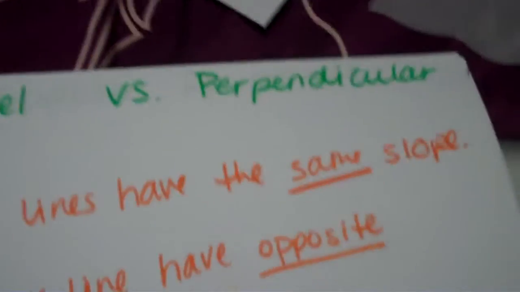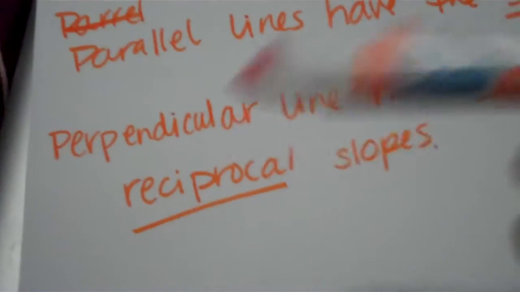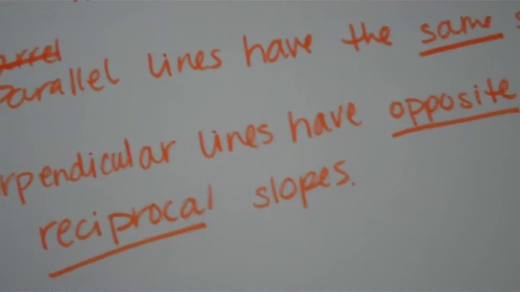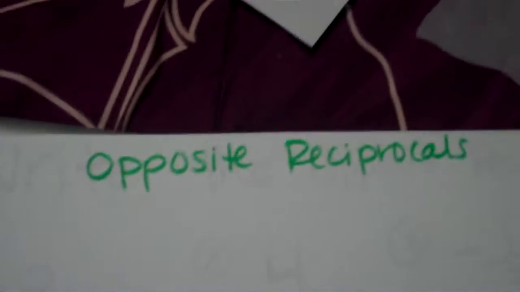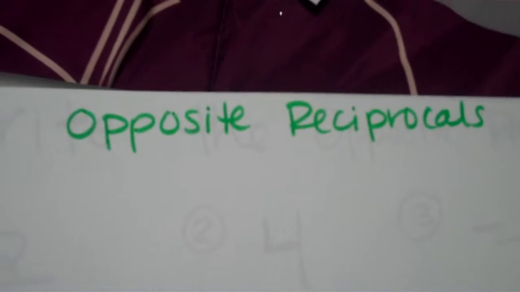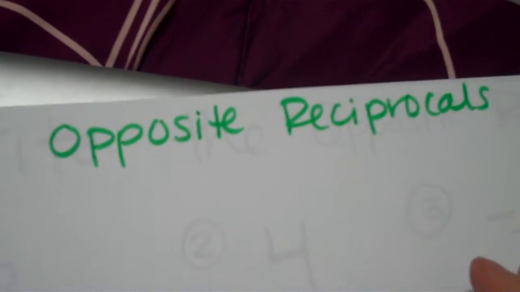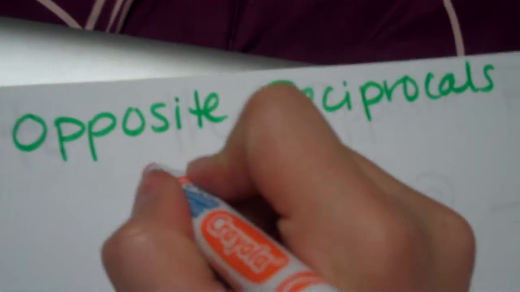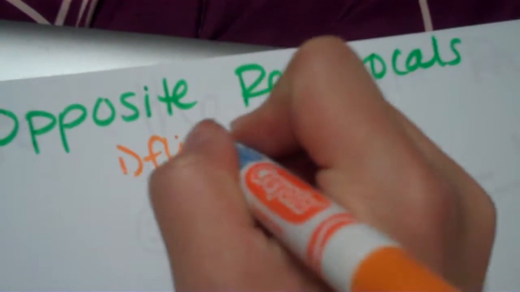So, parallel lines have the same slope. That's easy. Parallel lines are easier. Perpendicular lines, see, can't spell, have opposite reciprocal slopes. Alright? So, we're going to take a minute to talk about opposite reciprocals. Here's all you have to know for opposite reciprocals: all you do is you flip the numbers.